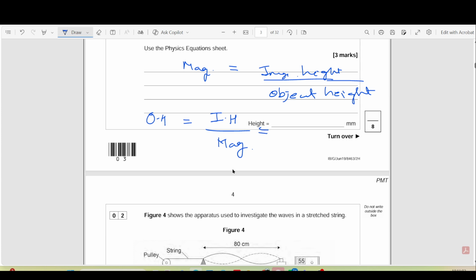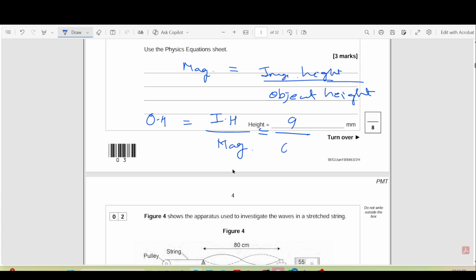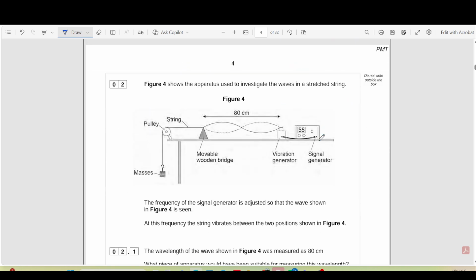So 9 divided by 6 equals 1.5. Yeah, 1.5 millimeters. That's correct.